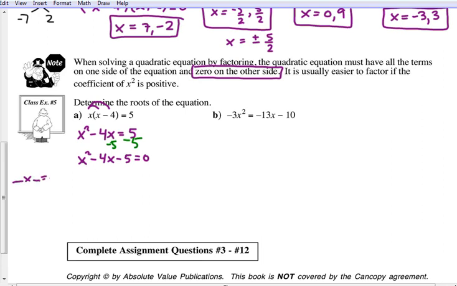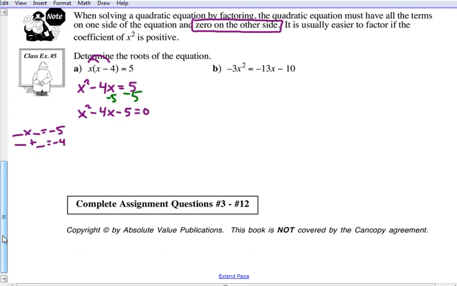and add to -4. Okay, Dean, this one's for you. So how can we multiply to -5? Tell me the two ways. 5 times -1 or +1 and -5.